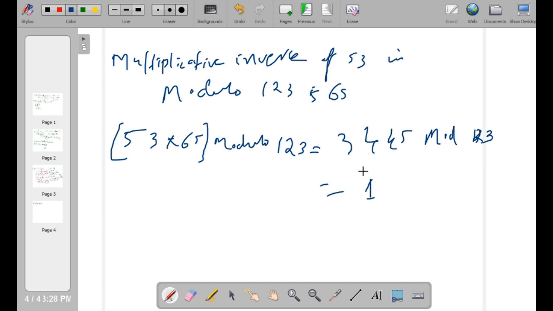So 65 mod 123 is the multiplicative inverse of 53 modulo 123.